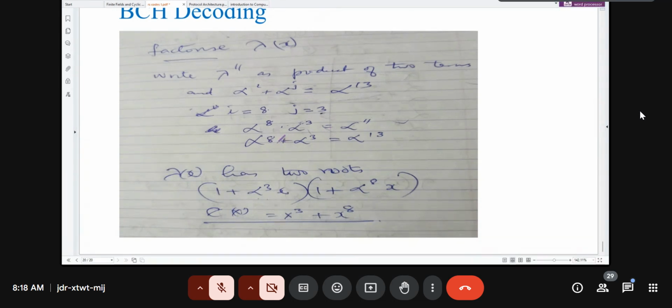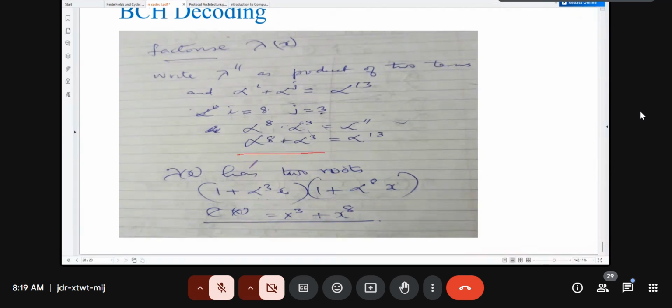That's an interesting one, and you're going to find that it is just alpha to the power of 8 and alpha to the power of 3. They will give you alpha to the 11 when you multiply them, and when you add them, they will give you alpha to the 13. You can try to verify that. Of course, this is where it is complicated. We need to go back to the table.